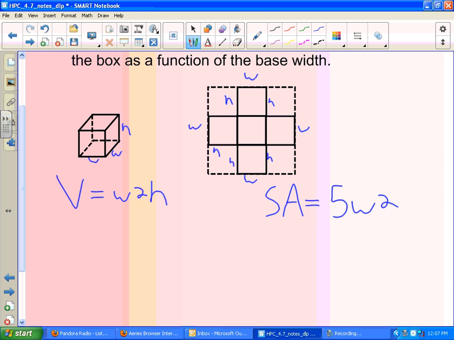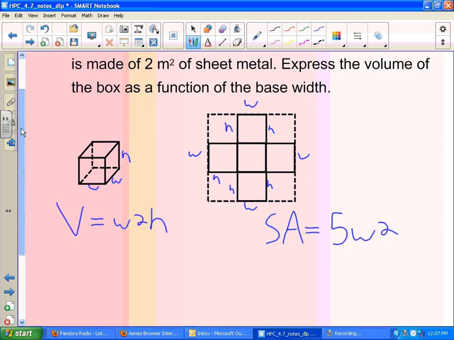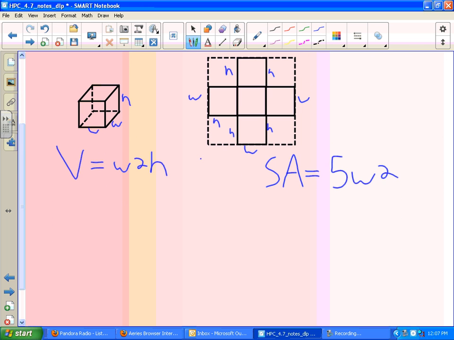So when you have that surface area equal 5W squared, you want to change that? Yeah.